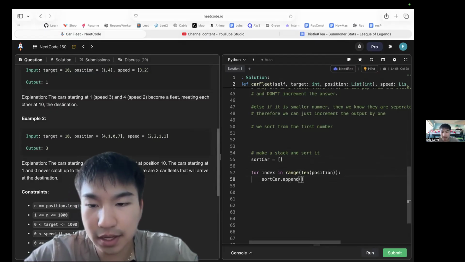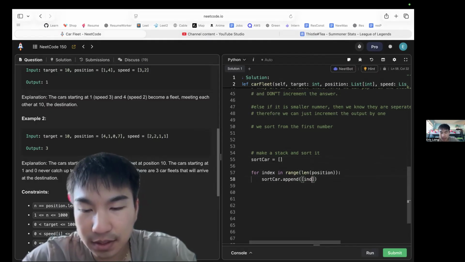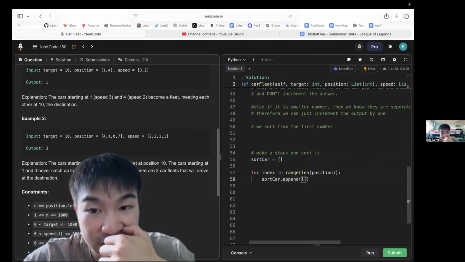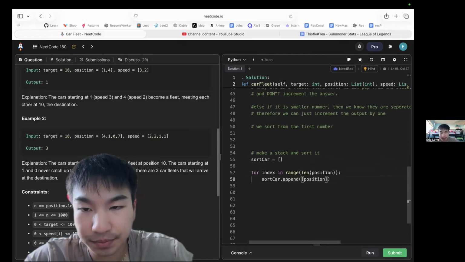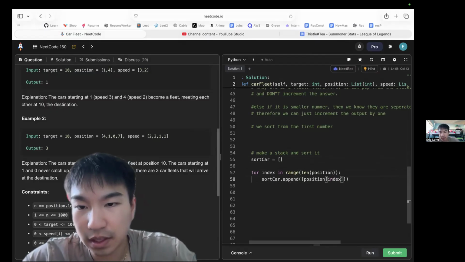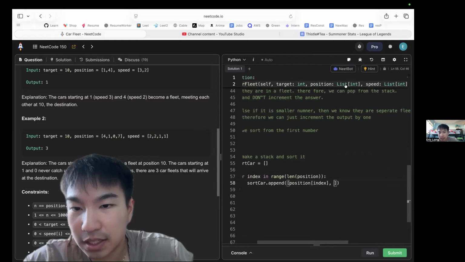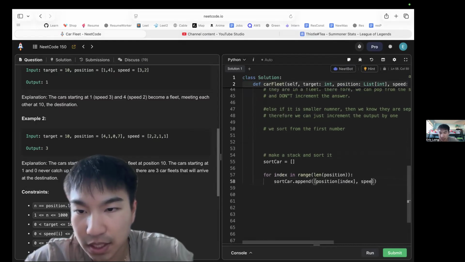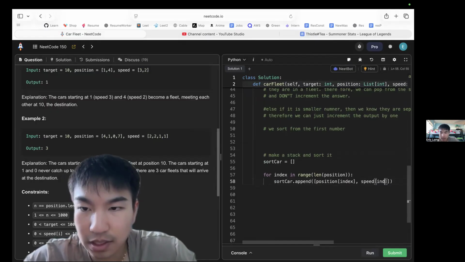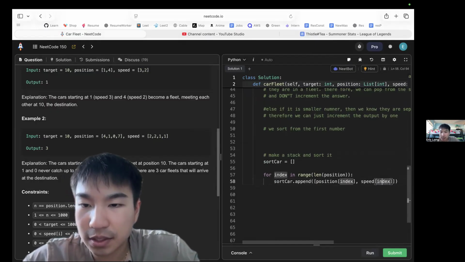We want to append position index. And for the other one, we want speed index. Okay, so that's two.